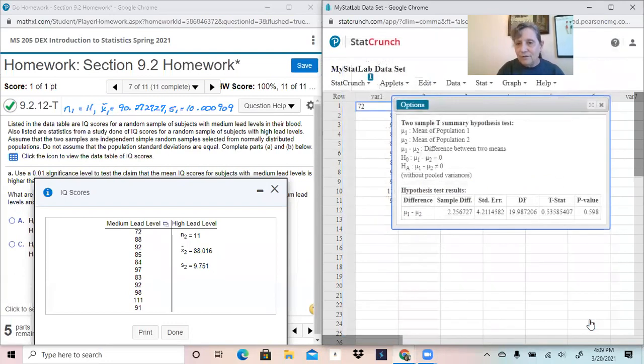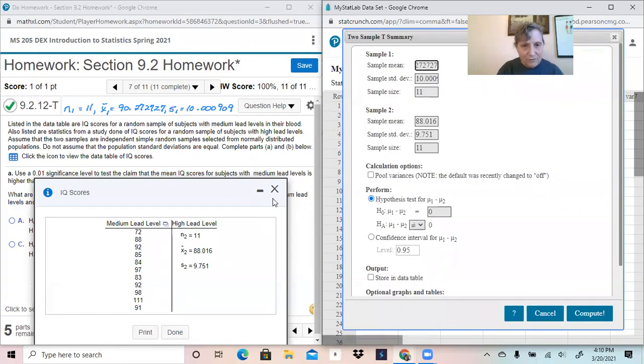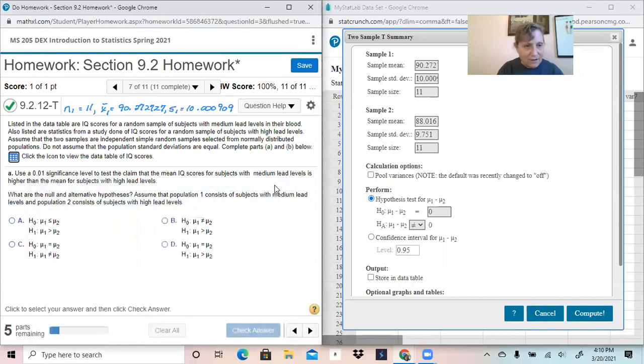So compute. Oh, did I check the hypotheses tests? Wait a minute. Let's back up and make sure that's right. Don't need this. I've got all the data in. Okay, what is the claim here? Assume the 2 samples are independent simple random samples, normally distributed. Here's our claim.